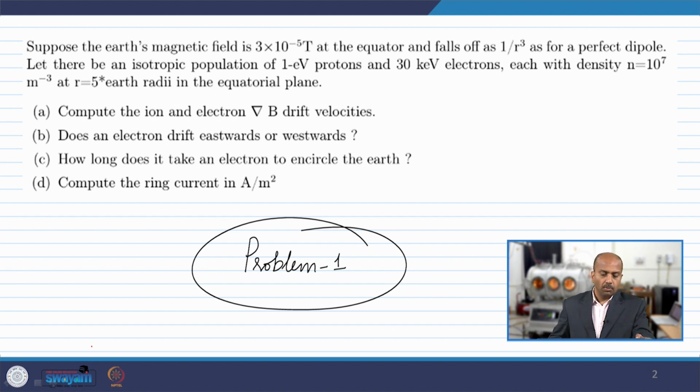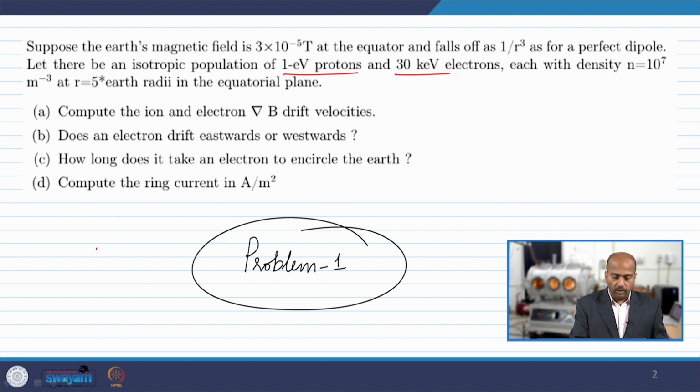Let there be an isotropic population of 1 eV protons and 30 keV electrons. So, the protons have this energy of 1 eV, they are much less energetic, and 30 keV electrons. Electrons being lighter also seem to have higher energy, that is 30 keV, each with densities 10⁷ per meter cube at r equals 5 times the radius of the Earth.